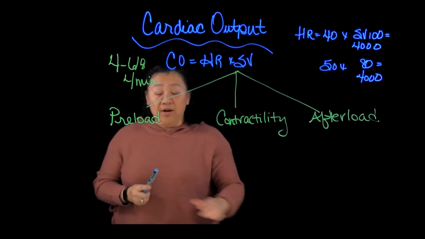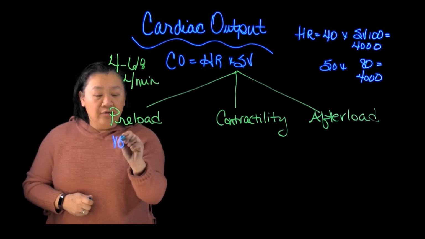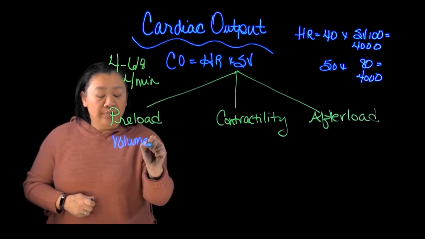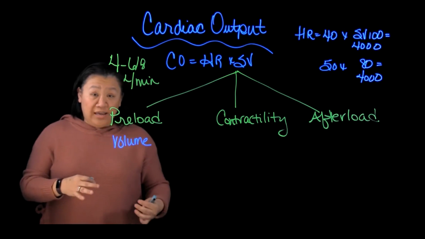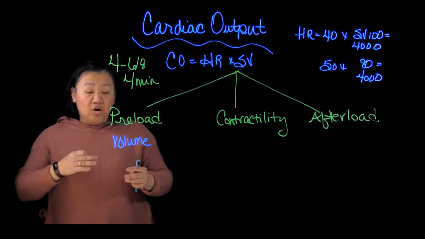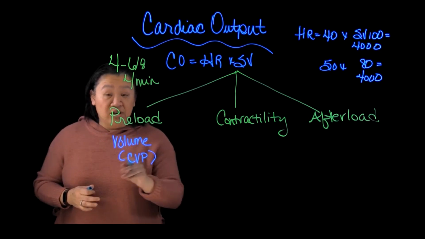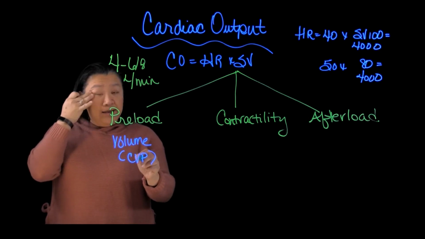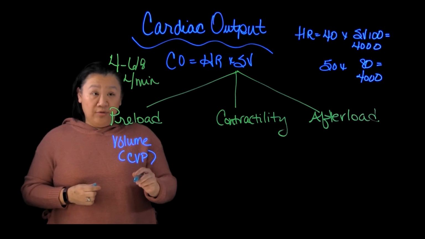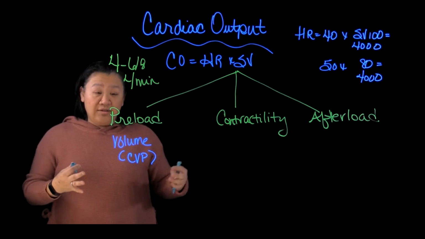Preload is the volume being returned back to the heart from the inferior vena cava into the right atrium. It's also known as CVP, or central venous pressure, and it's also the end diastolic volume. While the heart is at rest, it has to fill.